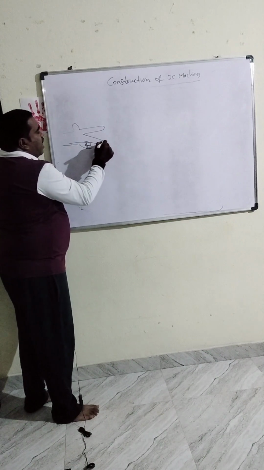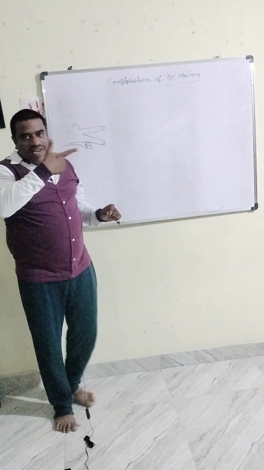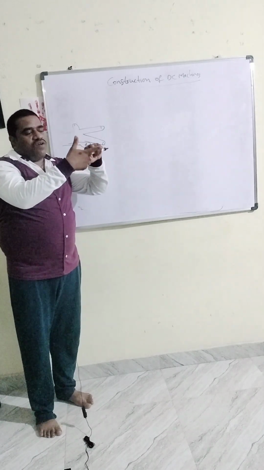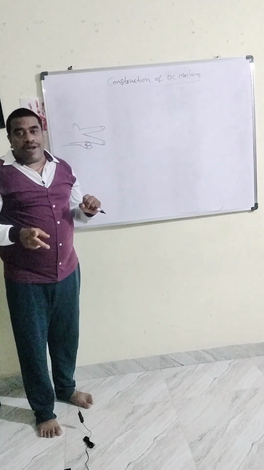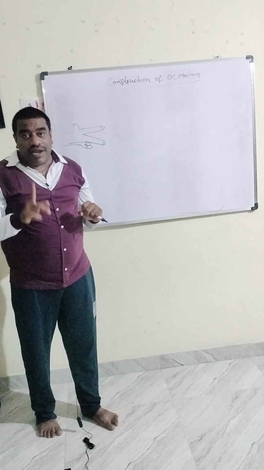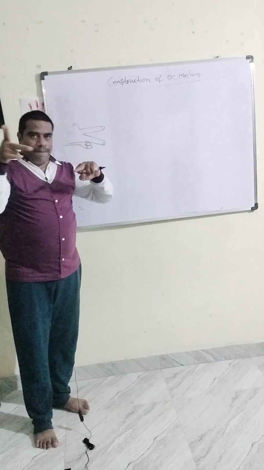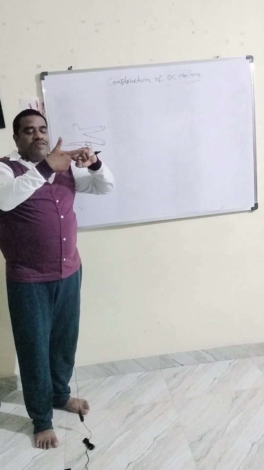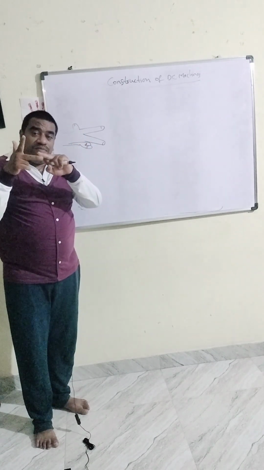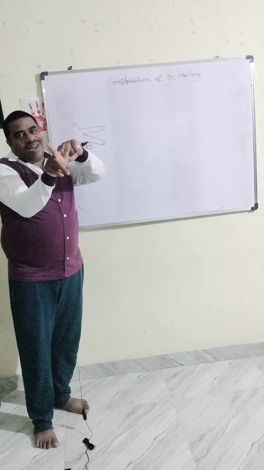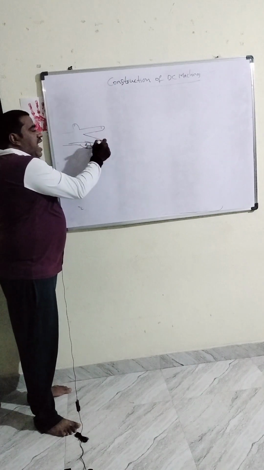I'm going to take the Fleming right hand rule. Just stretch out the fingers, 3 fingers named as thumb, forefinger and middle finger.